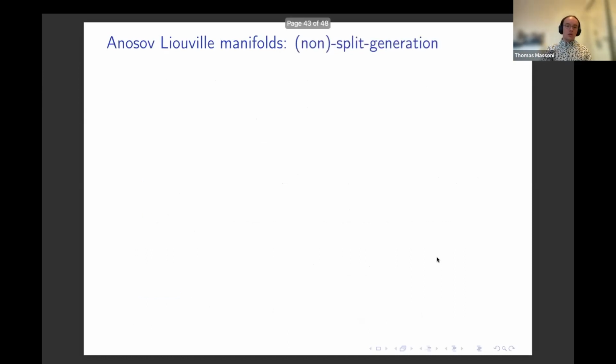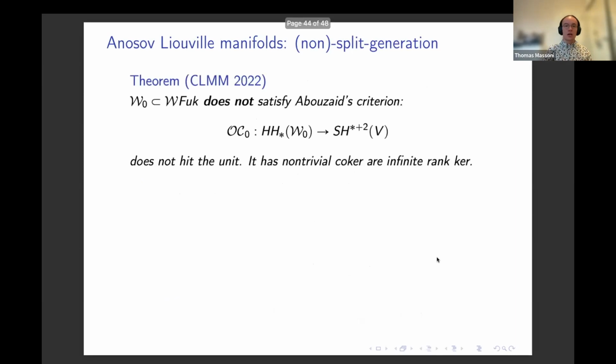So the first thing to try when you have such a nice collection of Lagrangians is to try to apply what's called Abouzaid's criterion. And in that case, we are able to show that this criterion fails, which means that the open-closed map from Hochschild homology of this orbit category to the symplectic cohomology of the manifold does not hit the unit.